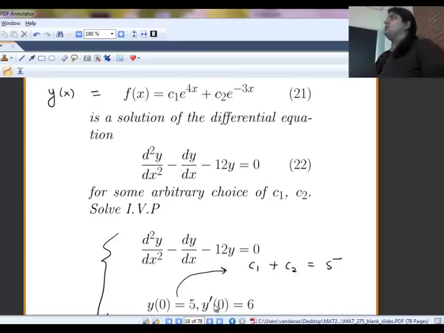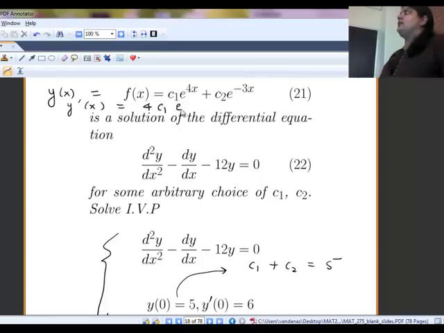Okay, what about this one? y prime at 0 is 6. So y is this, so what is y prime? 4c1 e to the power 4x minus 3c2 e to the power minus 3x. So y prime at 0 will be 4c1 minus 3c2, and this will be equal to 6.